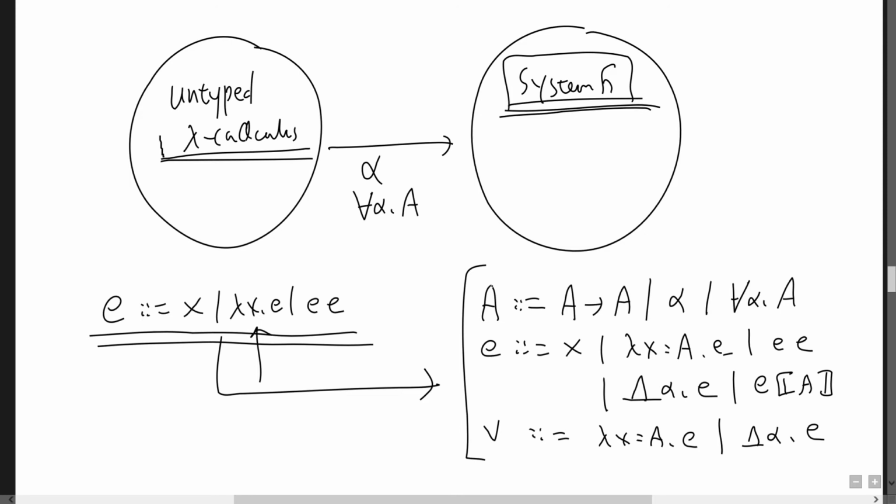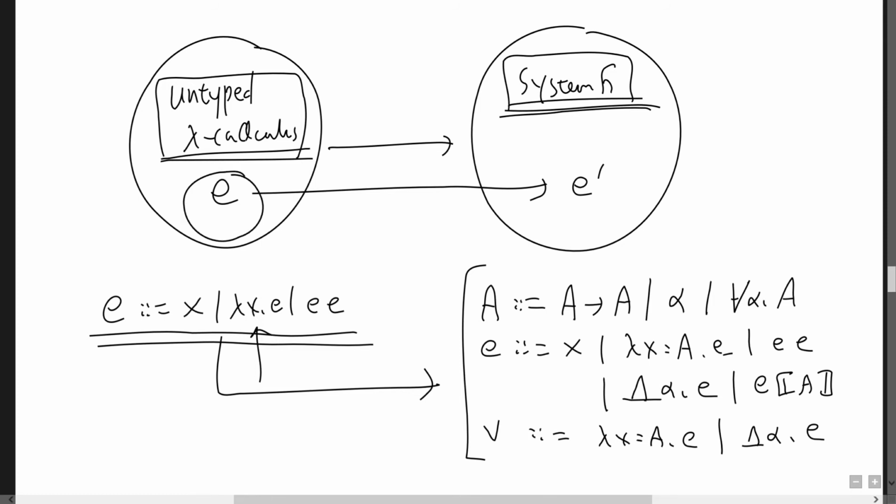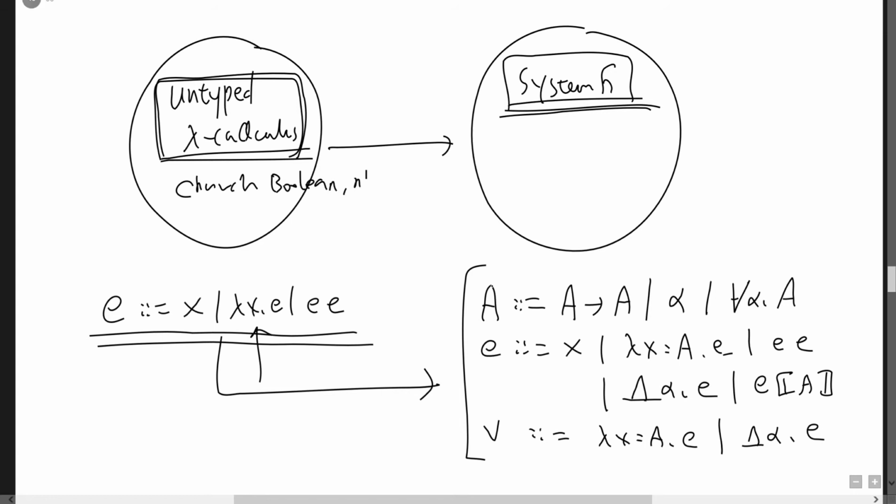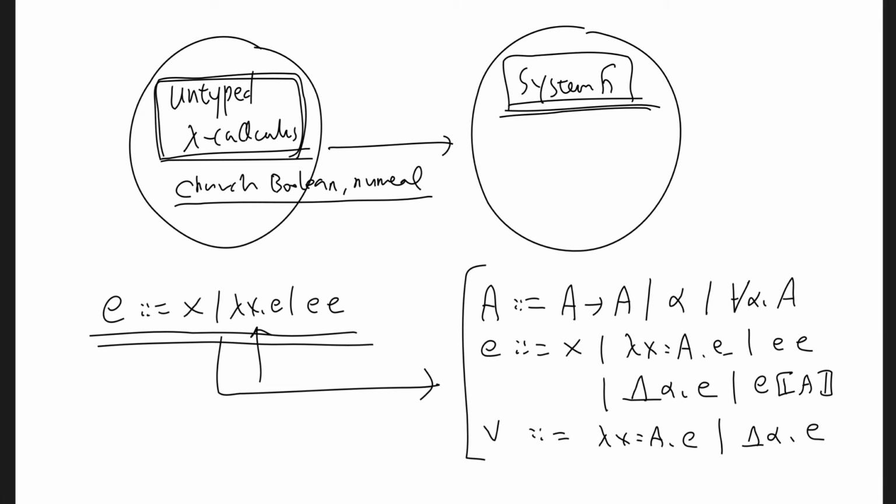Then any expression in untyped lambda calculus perhaps can be mapped to a corresponding expression in System F. But in the previous lecture, we learned that there are expressions in untyped lambda calculus that do not have corresponding expressions in System F. In this lecture, we are going to revisit those examples in untyped lambda calculus, such as Church Boolean or Church numeral, and product type, and how to encode product types and sum types and so on in System F.